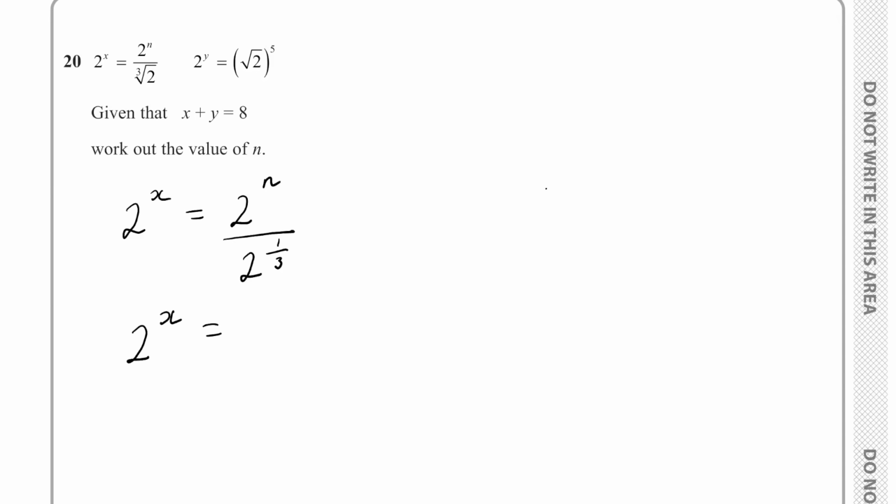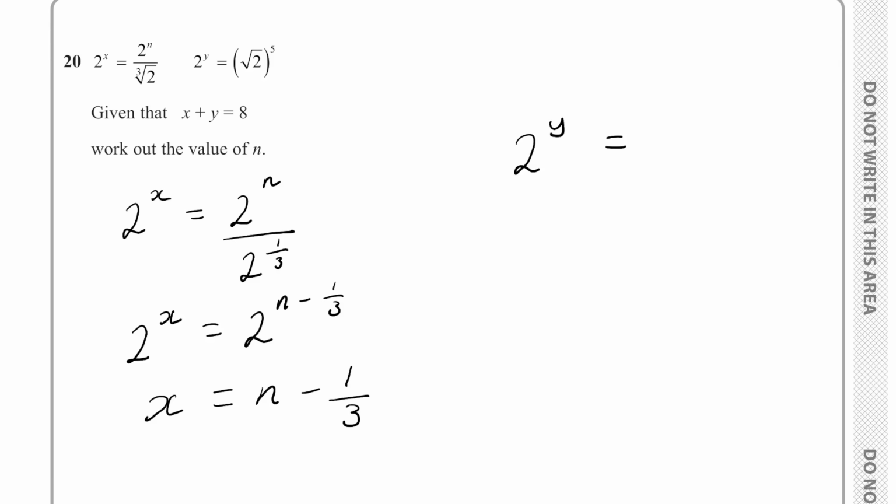So 2 to the power of x is 2 to the power of, when we divide indices, we take away the powers, n minus a third. Because they're both powers of 2, we can say x is n minus a third. For the y, we've got 2 to the power of y is square root 2 to the power of 5.